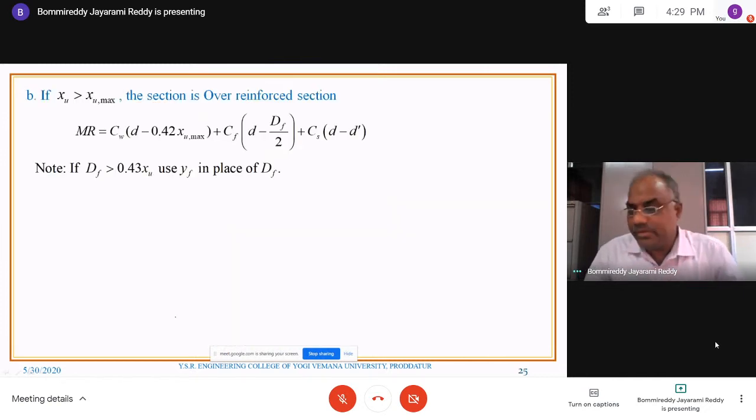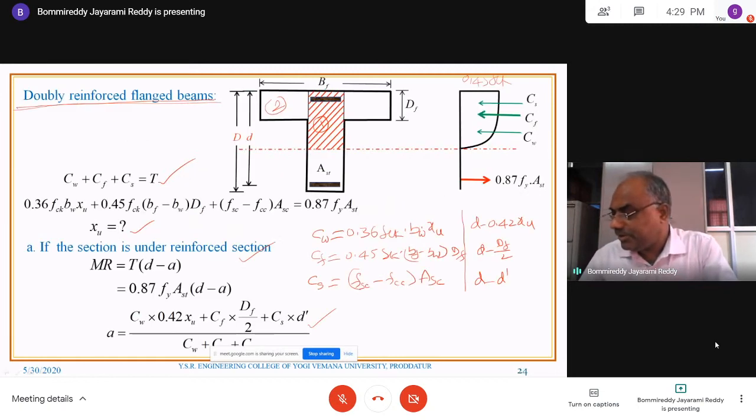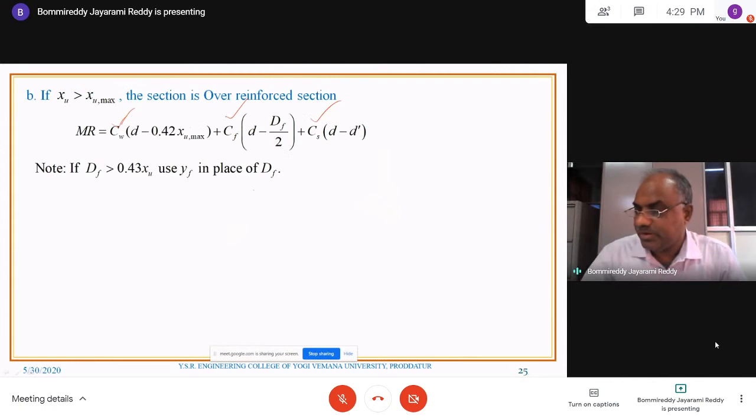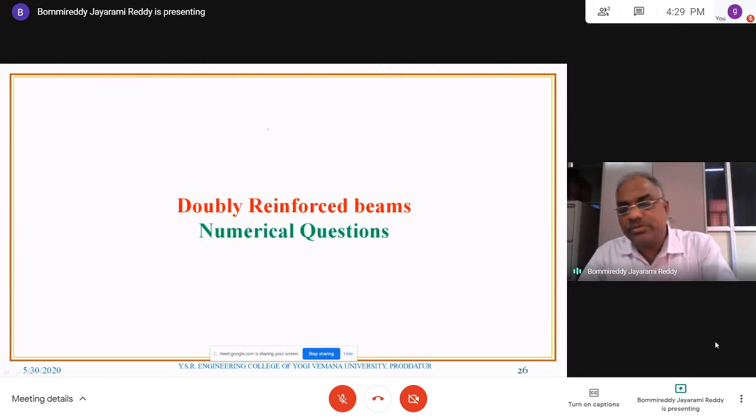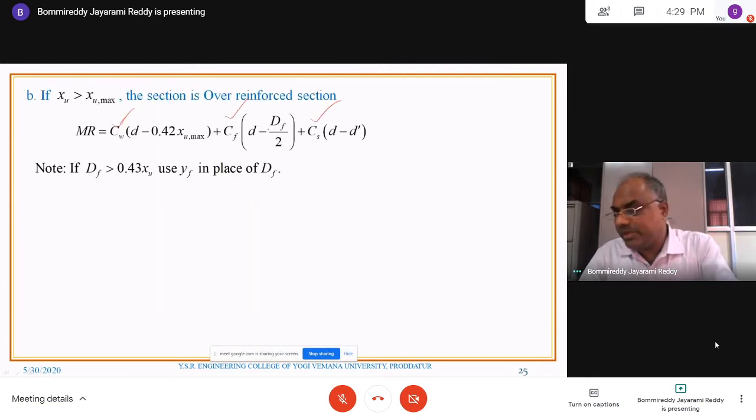Otherwise, if it is an over reinforced section, moment of resistance is because of the compressive resistance due to web, resistance due to flange, and resistance due to steel. All the 3 terms I just told you. Multiply force by distance, second force by distance, and you will get these formulas. That's all about the total conceptual theory in flanged beams.